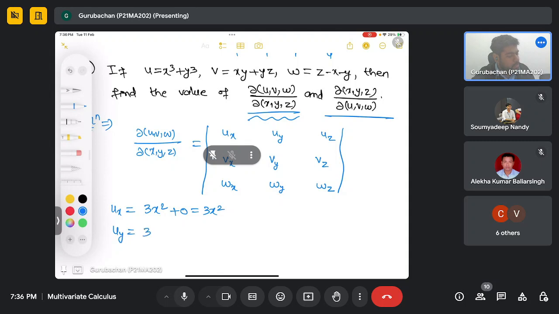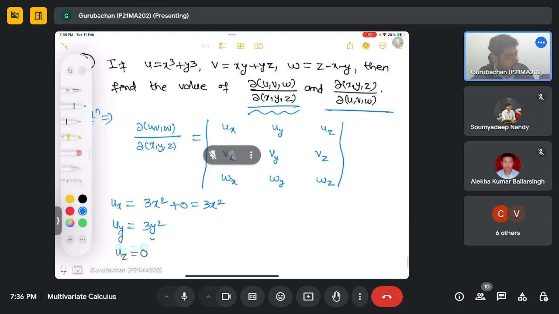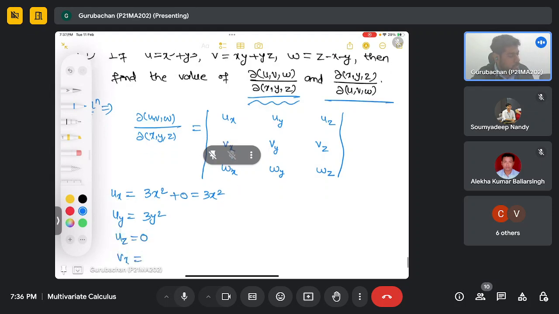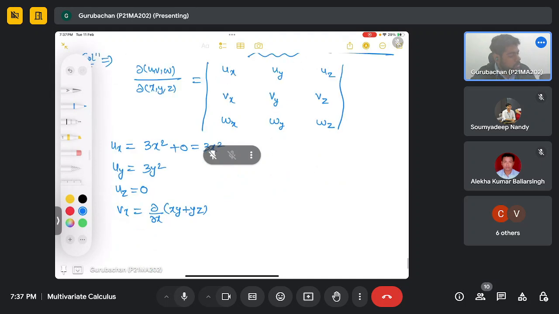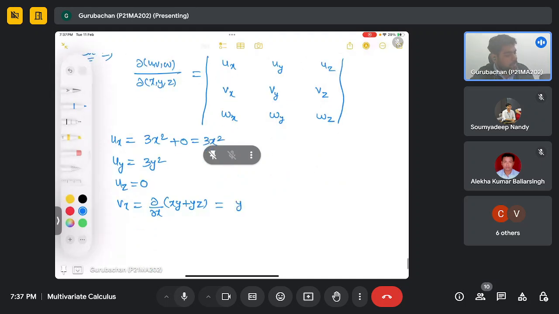Uy will be 3y square and uz will be 0, while vx will be the partial derivative of this, so it will give us only y, while v with respect to y will give us x plus z, and v with respect to z will give us only y.